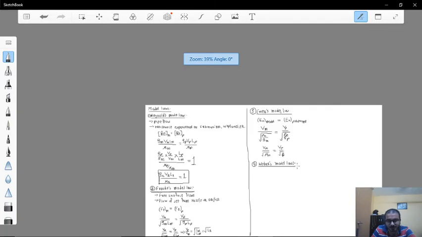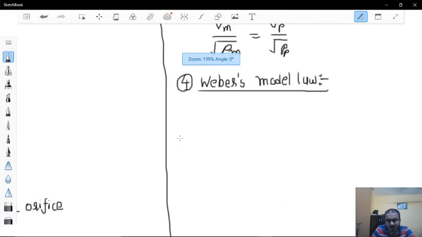So here We of model is equal to We of prototype.